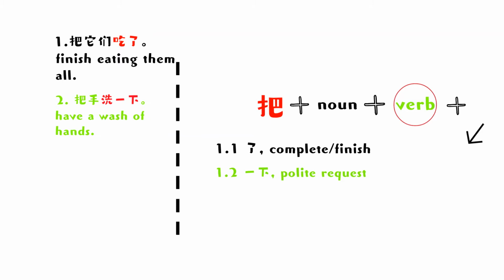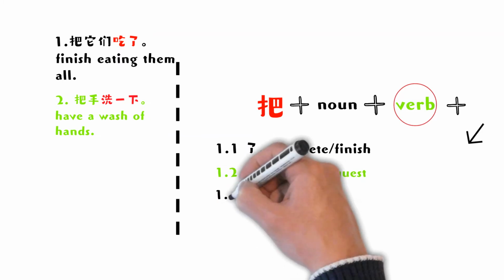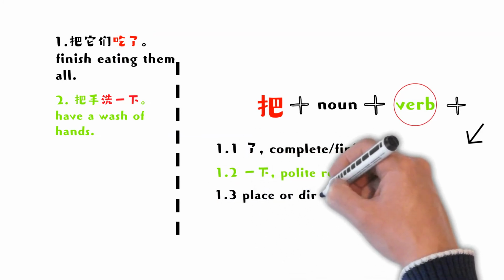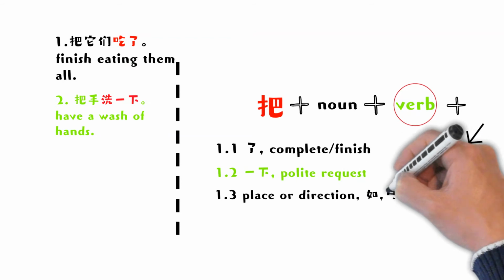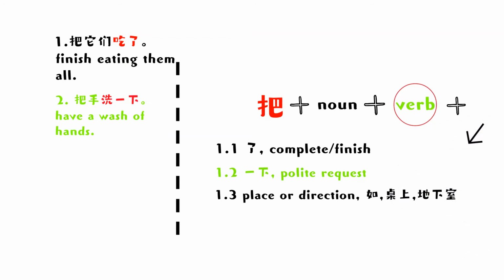When we add 一下 at the end of the verb 洗, we have 把手洗一下, and then we have the meaning that we wash hands, the dirty hands, and after that we have clean hands. This is change. Or we can add 1.3, a place or direction. For example, 桌上, 地下室 and so on.